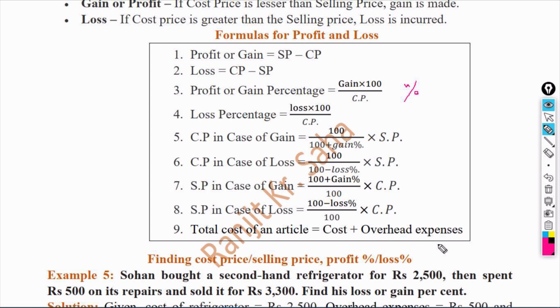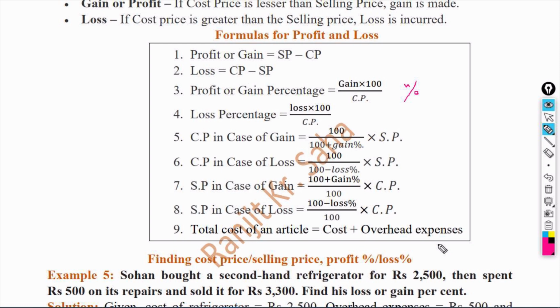If any businessman purchases an old car, and he spends some money in repairing, denting, painting, then the money paid to the person who has the car is the cost, and the other expenses for denting, painting, and repairing, etc., that is called overhead expenses.